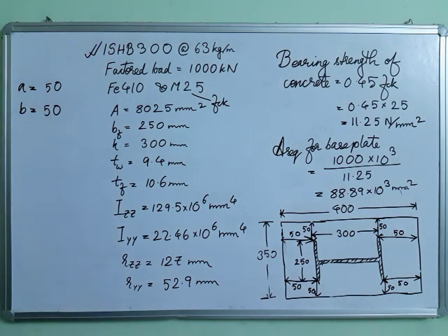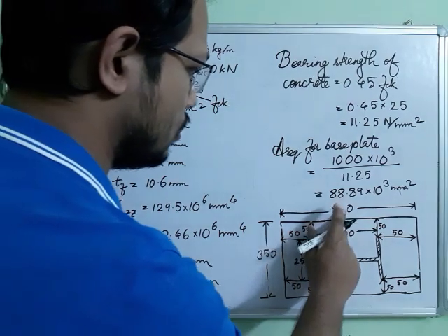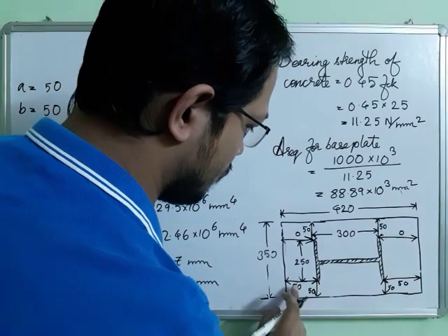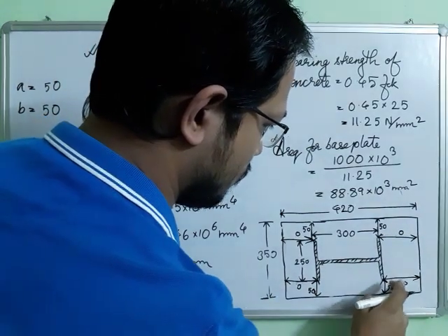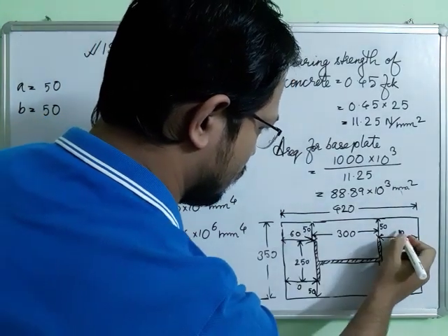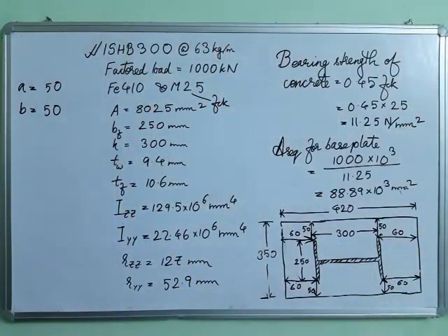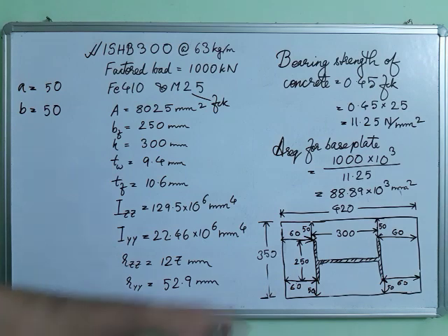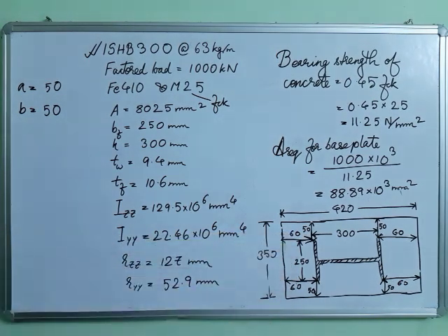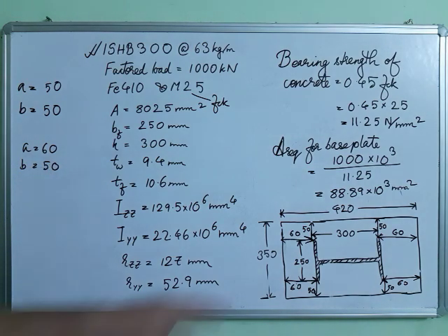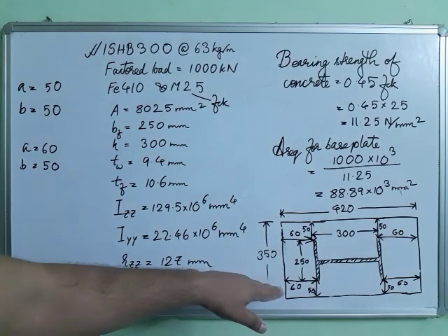I'm just repeating once. If this would have been the situation, then A would have been 60 and B would have been 50. In one direction it is longer, isn't it?